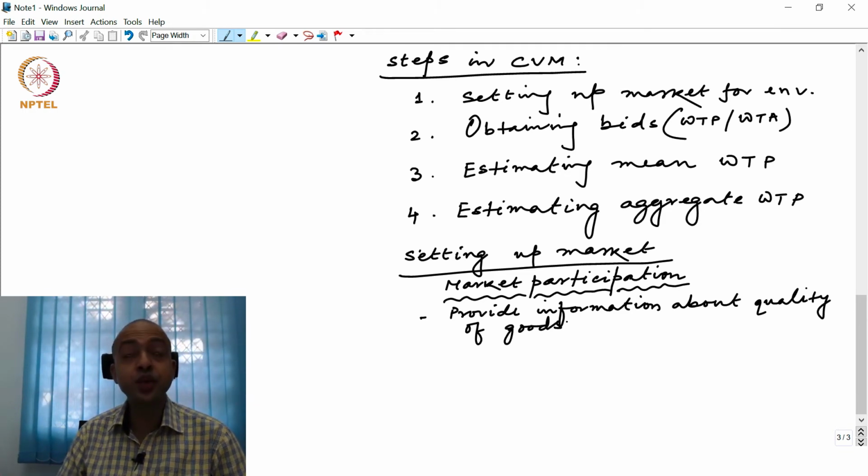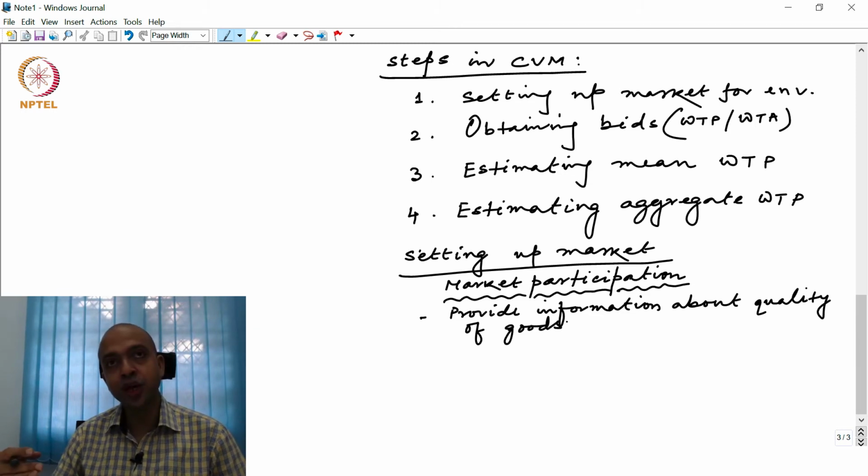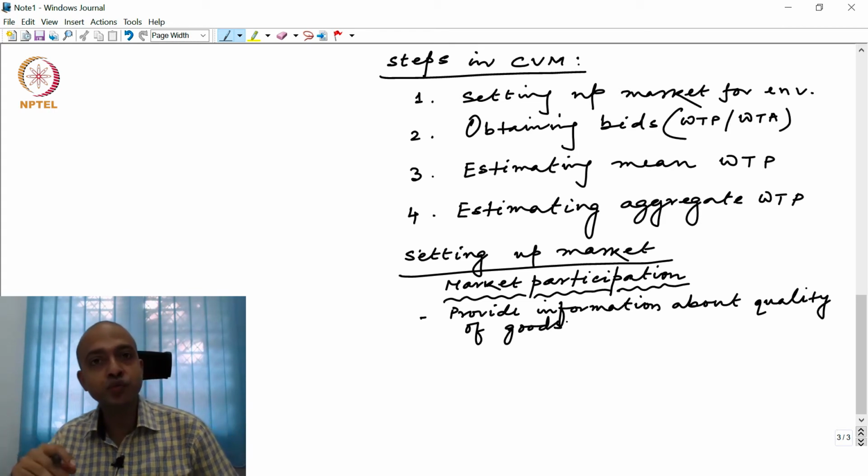For example, let's say we are interested in estimating willingness to pay for drinking water. Then we have to explain to the respondents that, let's say, from next month onwards, instead of water coming 2 times a day, it will come 4 times a day. So instead of 50 liters per day, you will get 100 liters per day.